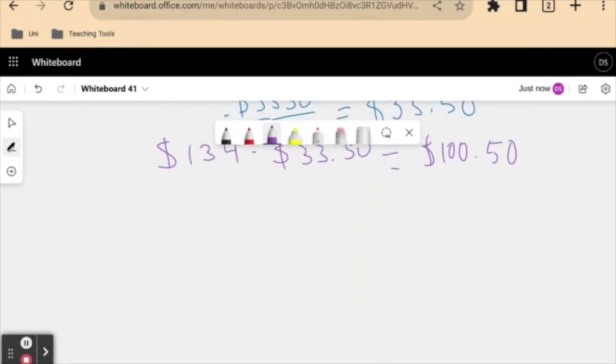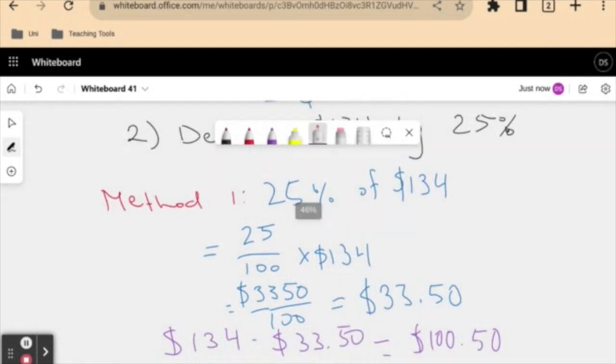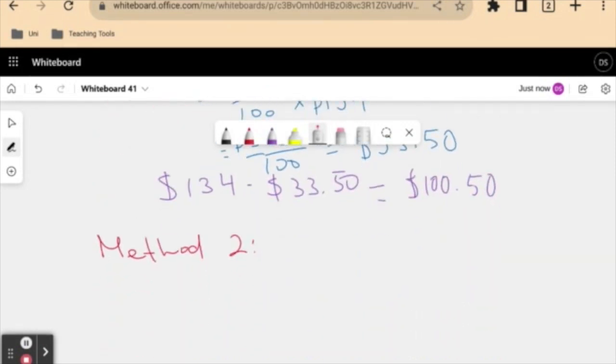And now once again, let's look at method 2. And once again, decreasing this is like saying this is 25% less than our whole. So 25% less than 100%. So this would be a subtraction, 25%.